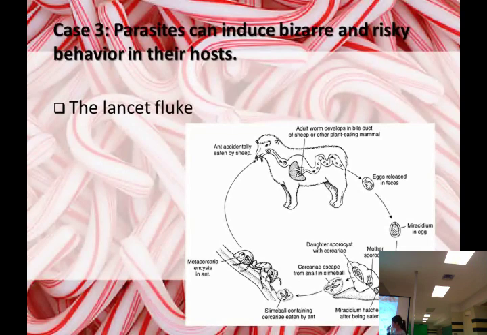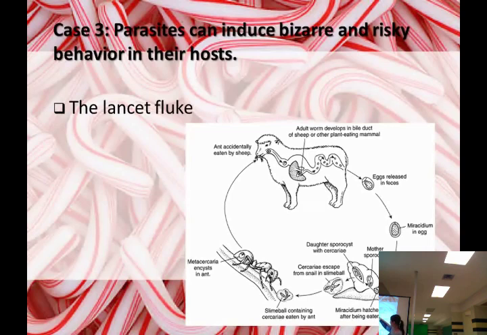And the fascinating part here is that when the eggs hatch, the ant actually gets this new behavior where, usually, ants stay pretty low to the ground. They're crawling around underneath the grass. It will actually cause them to crawl up to the top of the grass where they are eaten by the sheep.